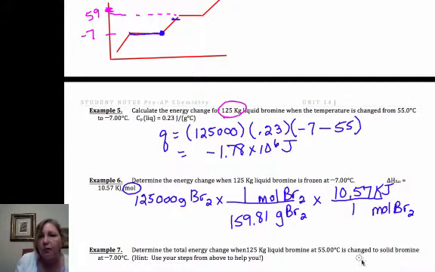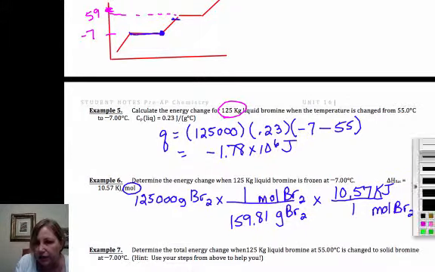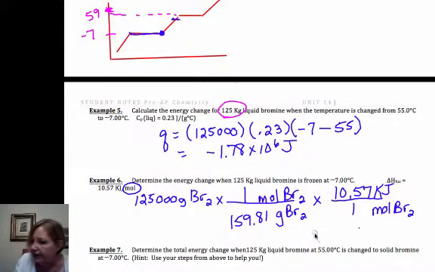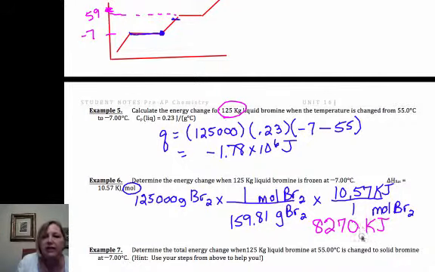kilojoules per 1 mole. Now, bear in mind, this is what gets a little tricky here, okay, is what's my sign? And so if you do the algebra here, we get 8270 kilojoules. The question is it positive or negative? Well, when we're freezing, we're forming.